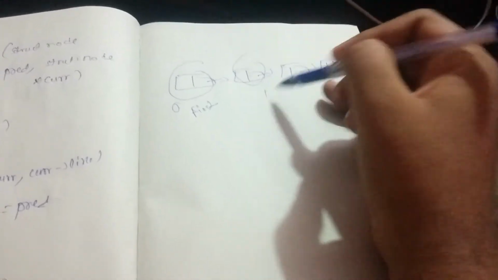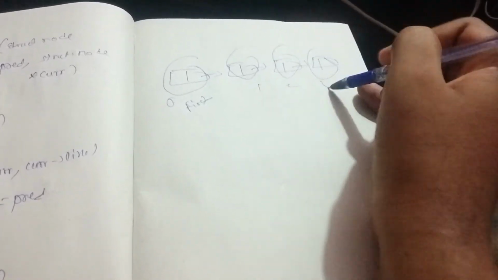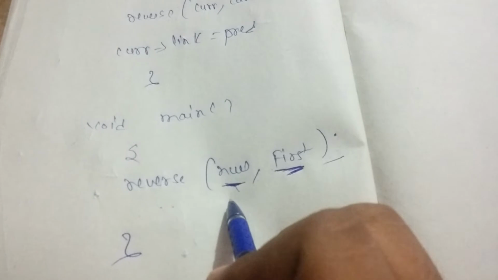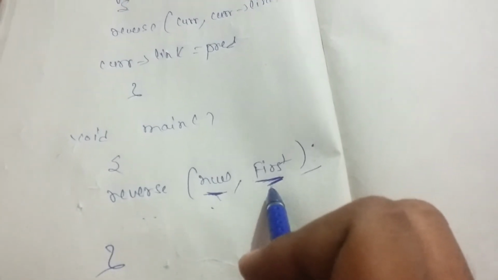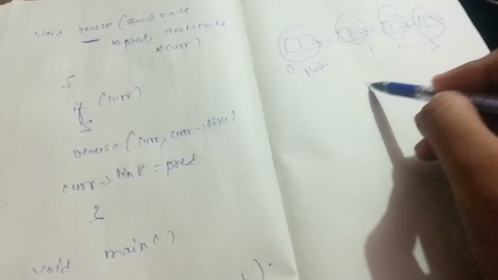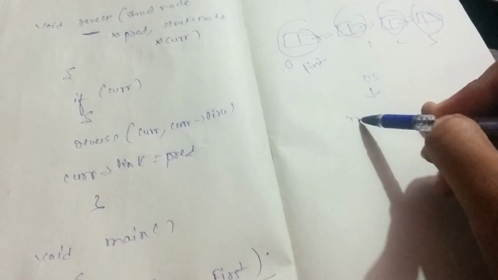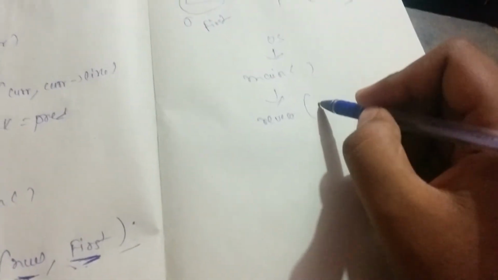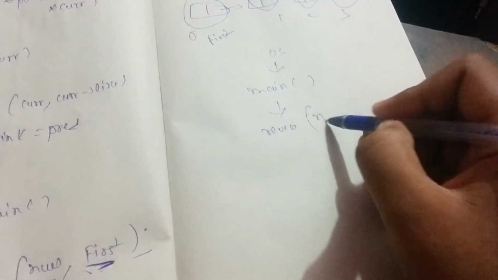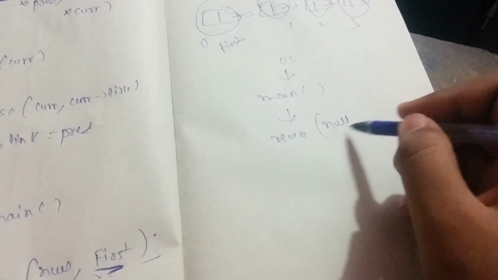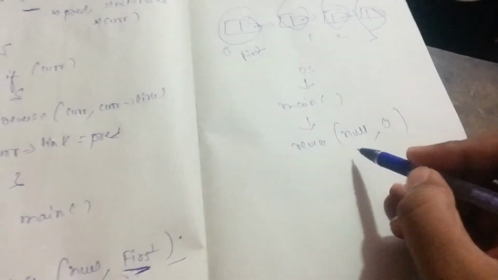Let's suppose the addresses are 0, 1, 2, 3. I'm passing null and 0 to the function reverse. So the operating system calls main, and from main I'm calling reverse by passing null and the address of the first node, 0.